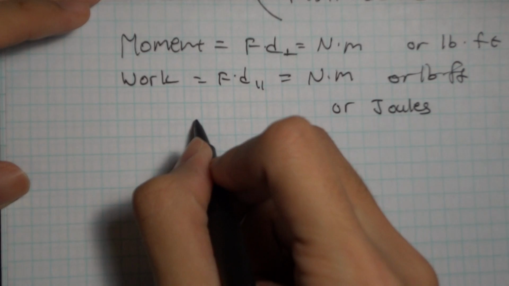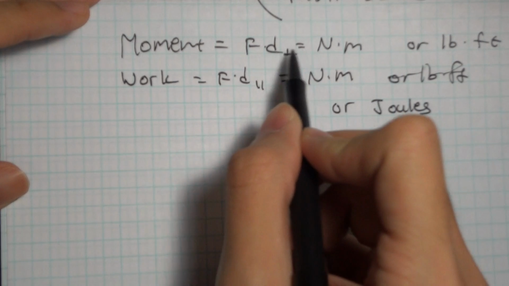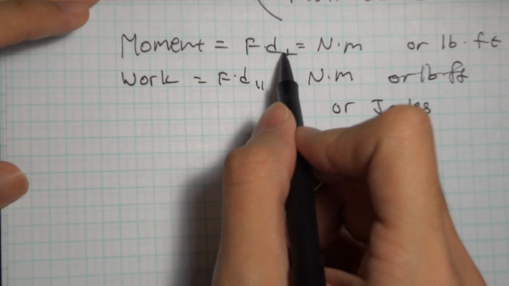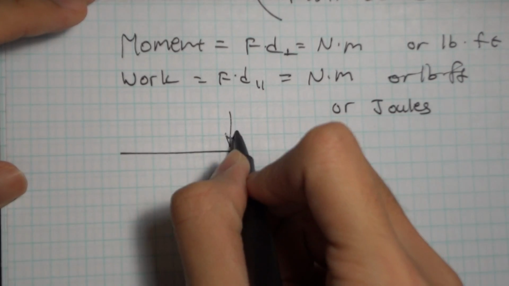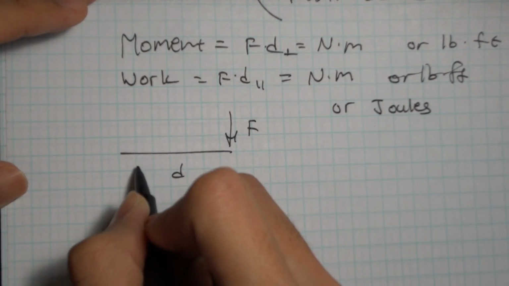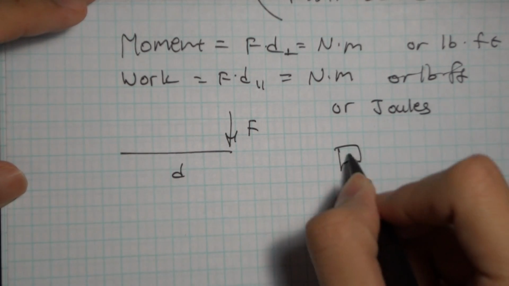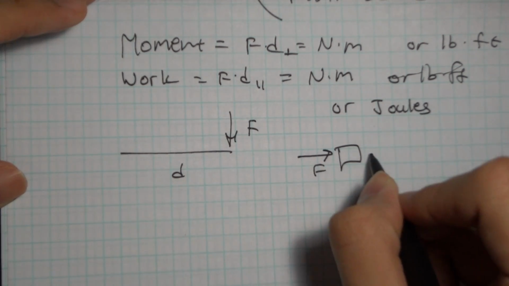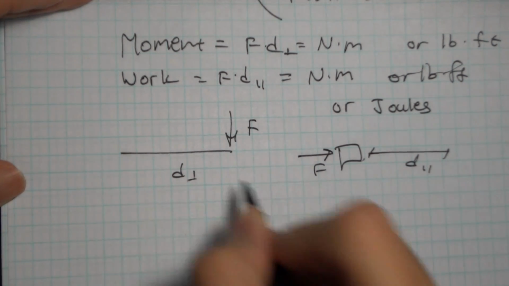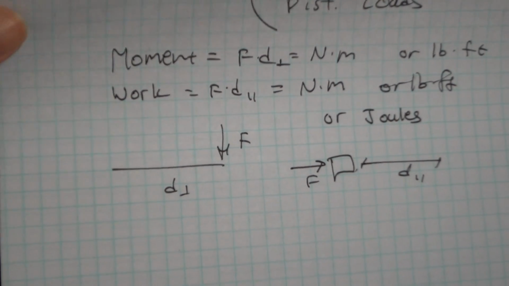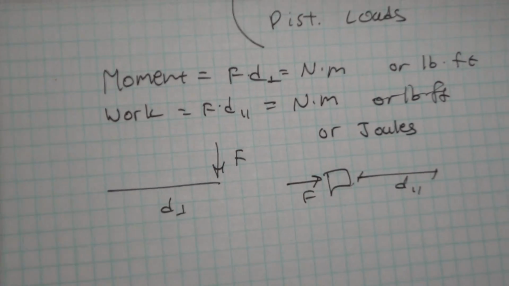This is the distance separating something. So if I have it like this, this is FD, the perpendicular distance. And if I have some block, I push on F and it travels some distance D, that is parallel distance. It'll make more sense in context: if it asks for work, you'll know to use that distance.